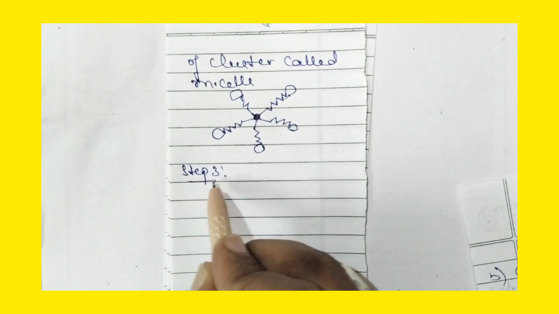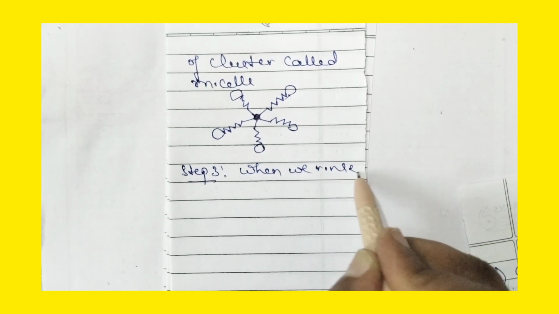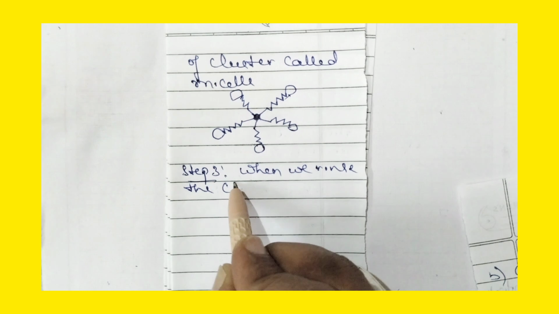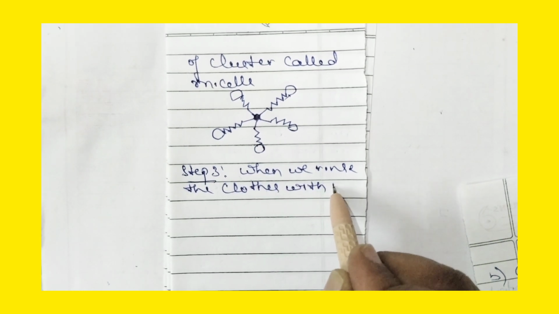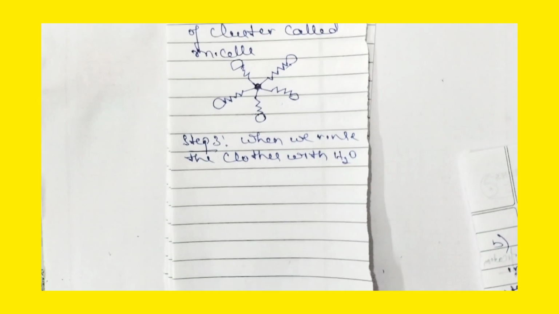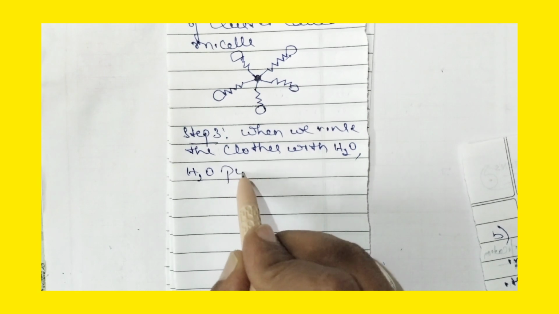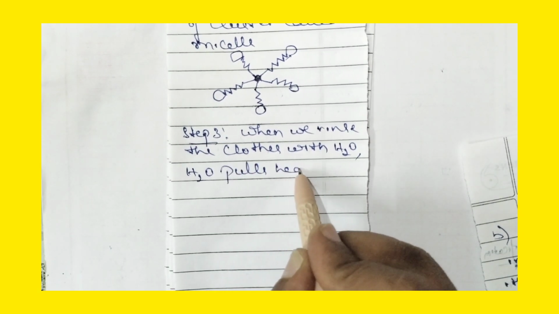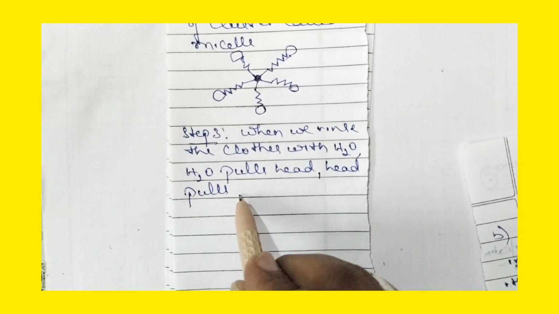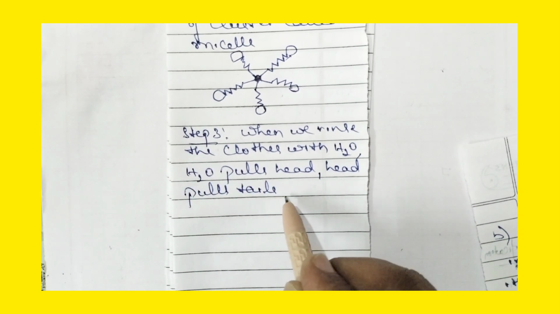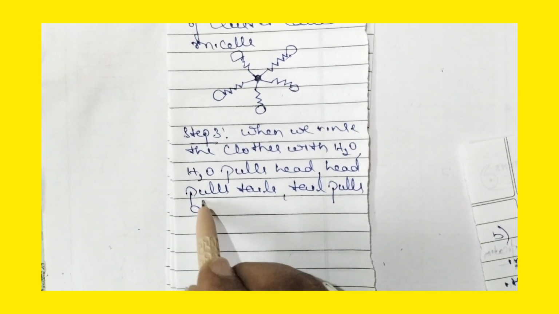Then step number 3, when we rinse the clothes with water, water pulls head, head pulls tail, tail pulls dirt.